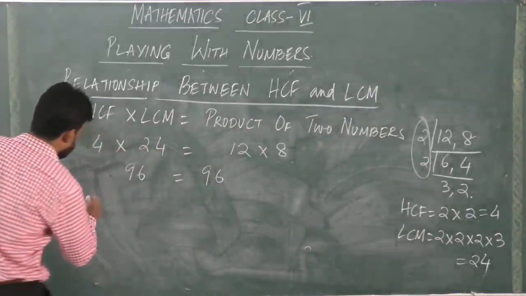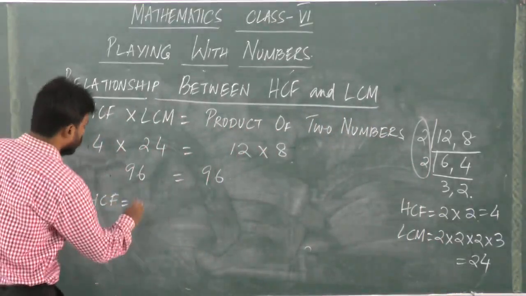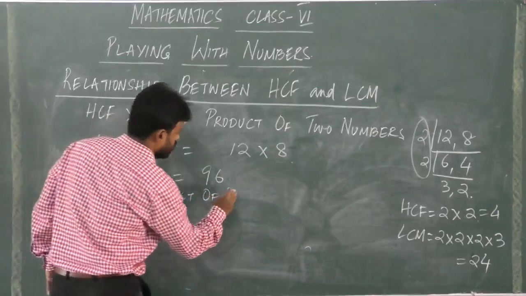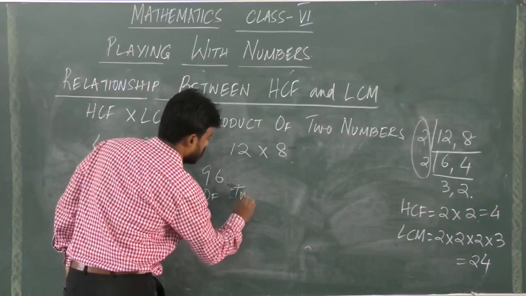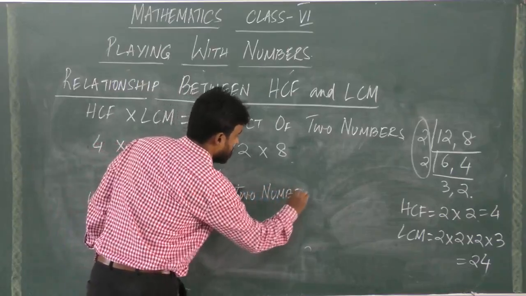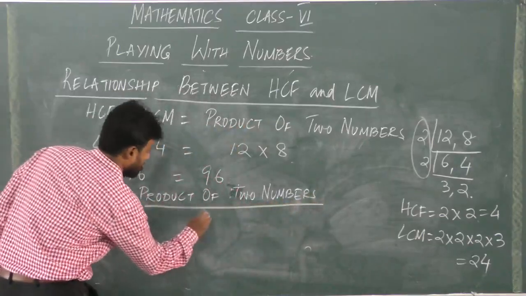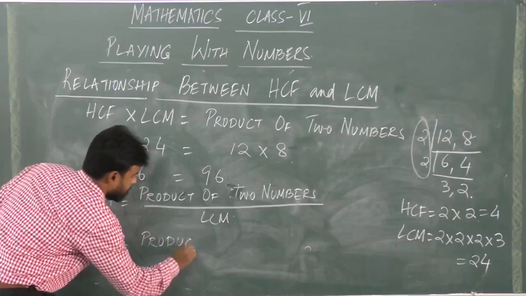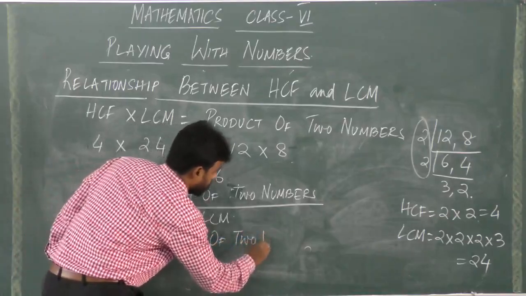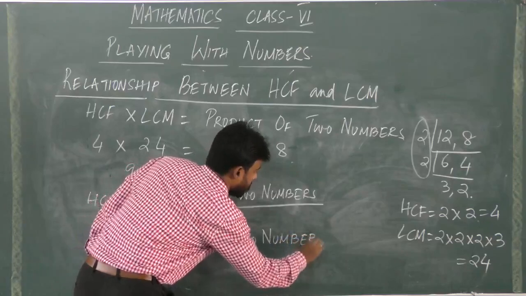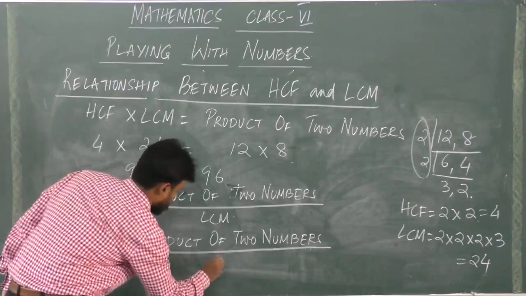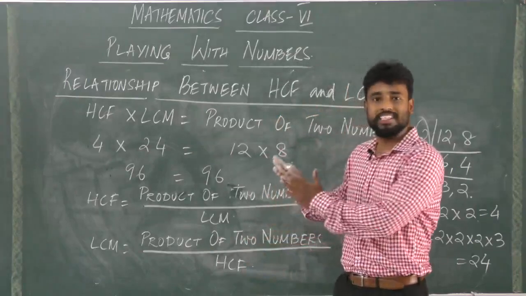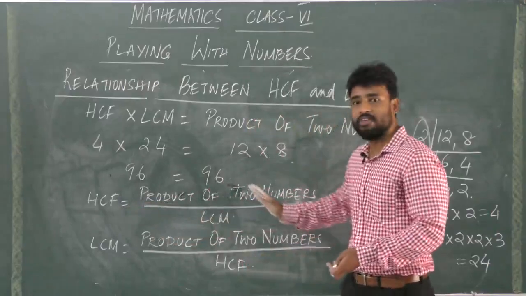So similarly, if you want to find out SCF, it will be equal to... when we want to find out SCF, and the product of two numbers and LCM is given, in that case SCF will be the product of two numbers divided by LCM.